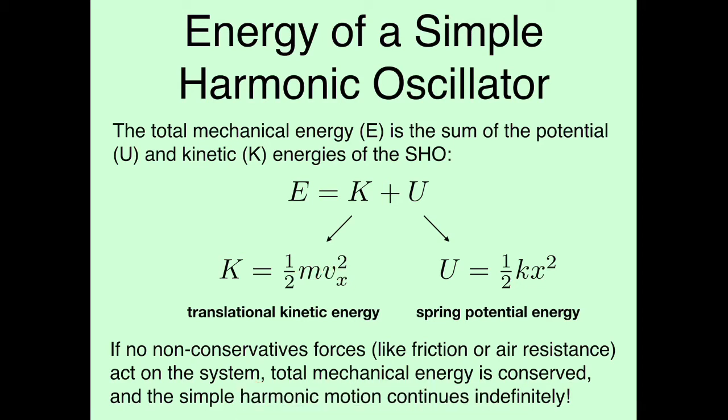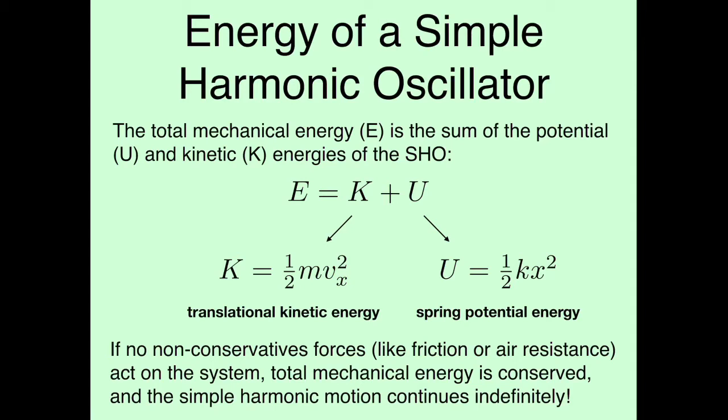On the other hand, the potential energy is going to have to do with the spring, and in particular, how much energy the spring is storing because of its compression or its stretching. So U, the potential energy, is going to be given by 1/2 times k times x squared, where again, x is the amount of stretching or compression in the spring. So if we add these two terms together, we get the total mechanical energy of the simple harmonic oscillator.